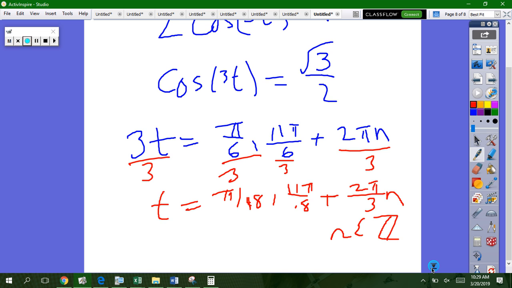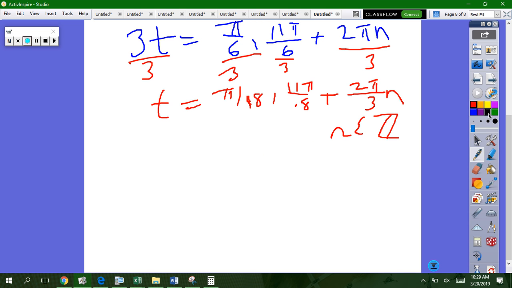Add 2 pi thirds, right? So I have pi 18ths, that's an answer if I wanted between 0 and 2 pi. Okay, if I add 2 pi thirds to that, does everybody understand that is 12 pi 18ths? So 12 pi 18ths plus pi 18ths is 13 pi 18ths.